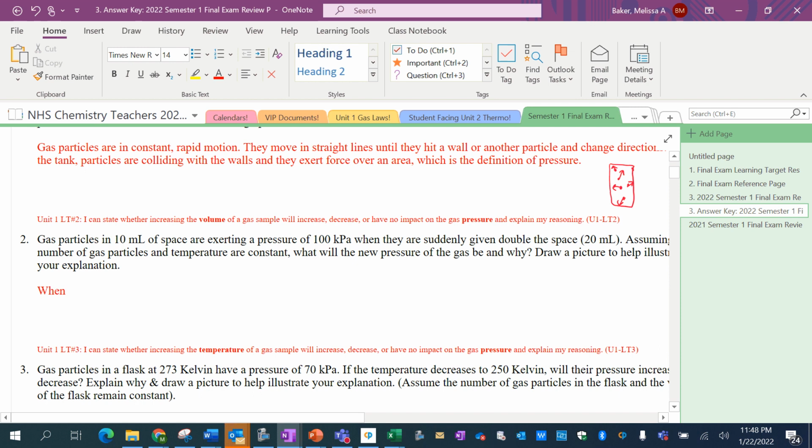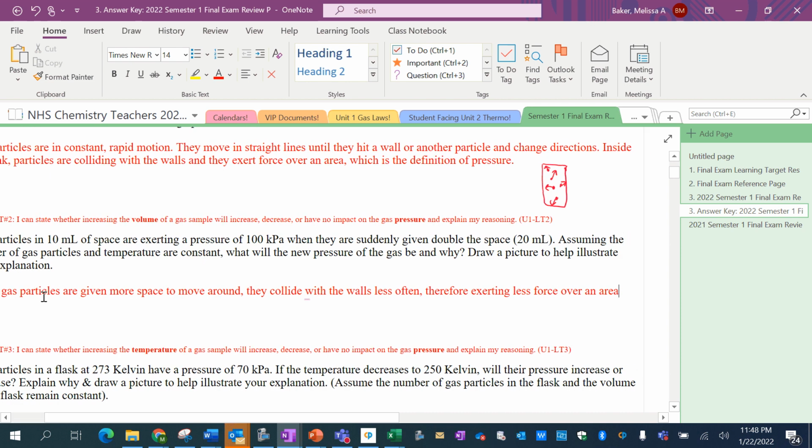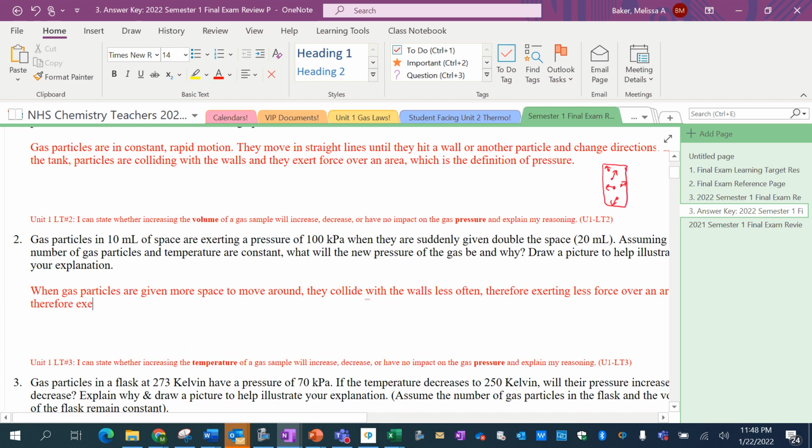So when gas particles are given more space to move around, they collide with the walls less often, therefore exerting less force over an area, therefore exerting less pressure.